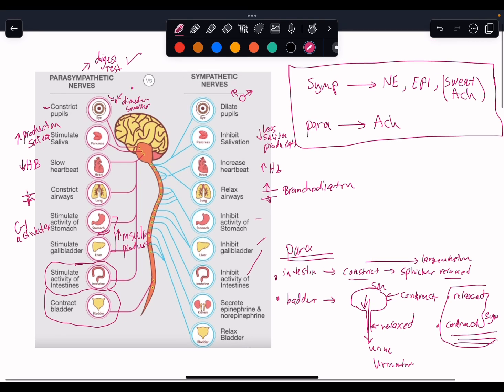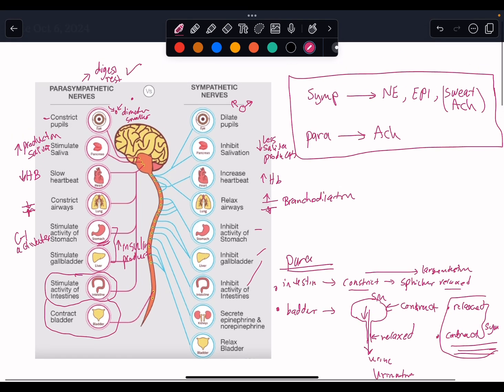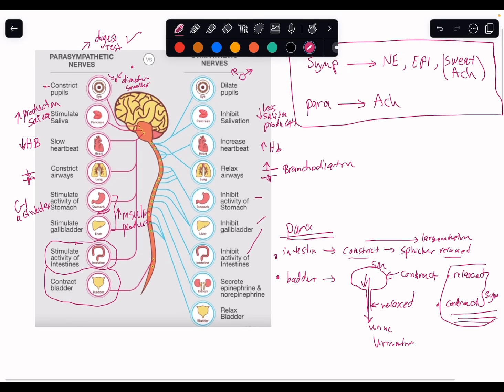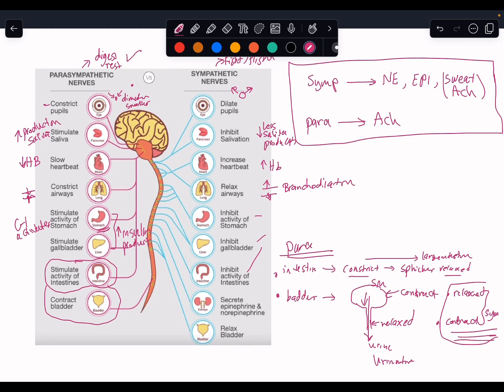So when you're running from something, here we said fight and flight. So this is the concept you need to hammer in your head. Fight and flight for sympathetic. What does that mean? If you're running from something you're afraid of, let's say for example, from a dog. You're running from a dog because you're scared.